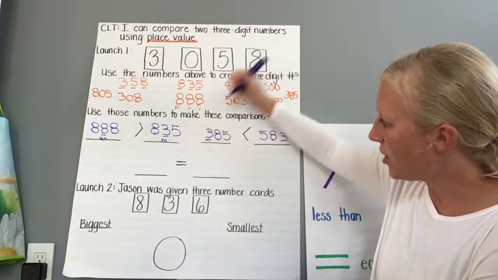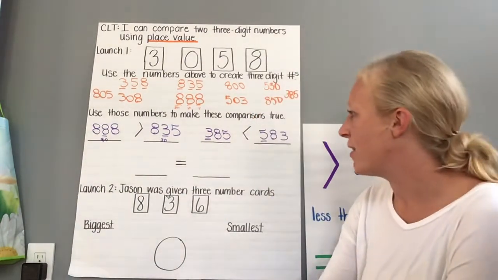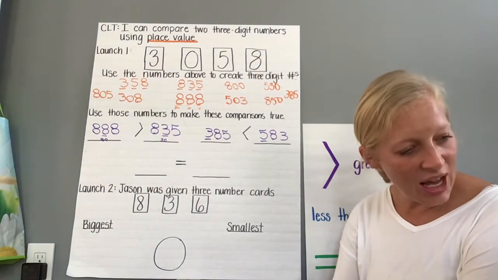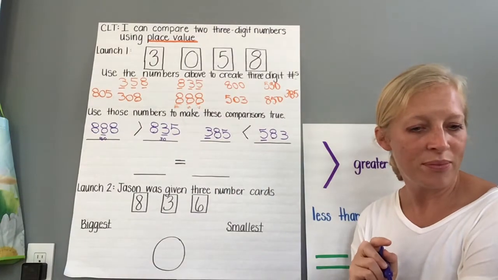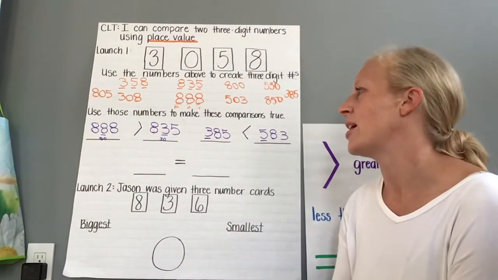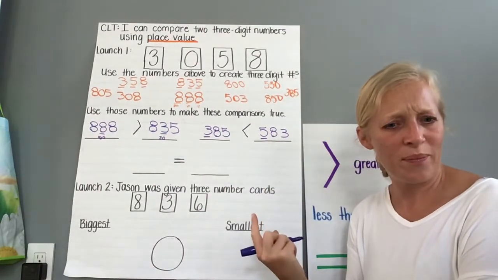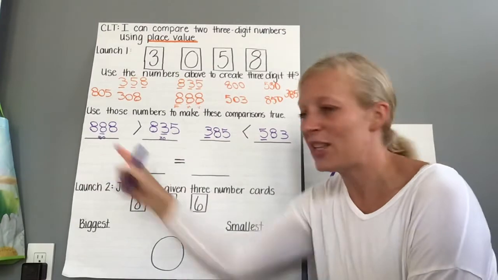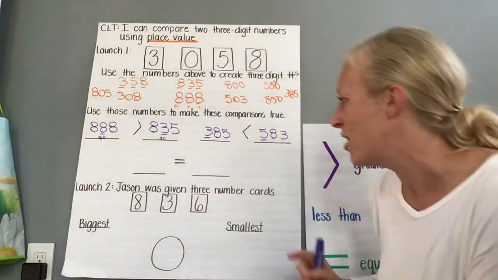Because 300 is less than 500s. What place did you need to look at? We had to look at the hundreds place. What place did we look at over this one? The tens place. And why did we look at the tens place here, but not at this one? Yes, this one, the hundreds place, was the same. So we had to hop over to that next digit, didn't we?